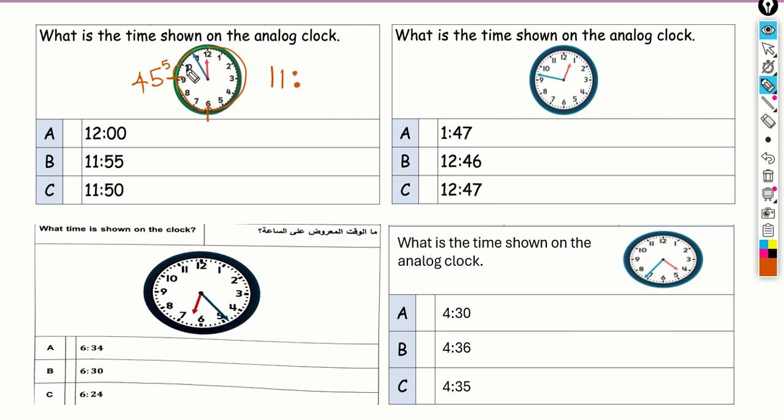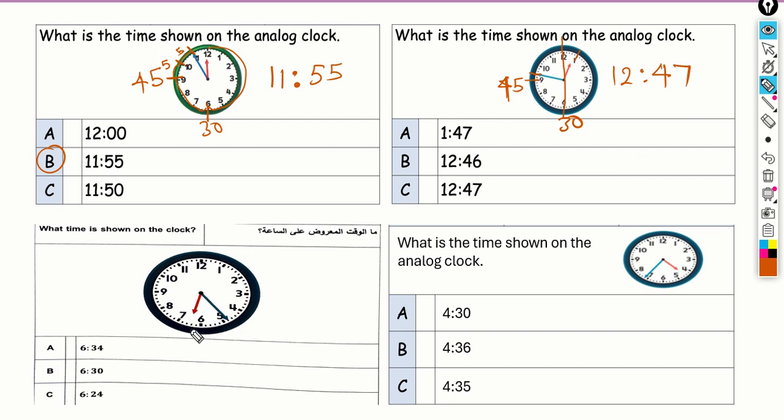So the close option is this is 50 here and that's 55. So 11:55. Now again here this was below 1, right? So this is 12. Now again this is 30 minutes, 45 minutes, right? And that's now 45, 46, 47.